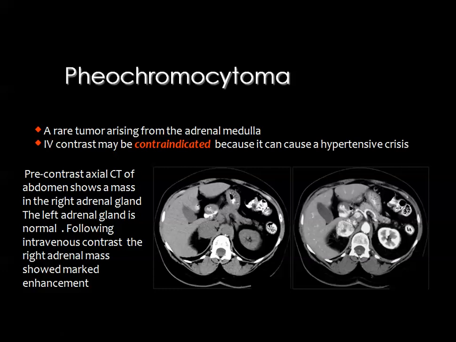Some of the literature says that the injection of contrast media may be contraindicated as it may predispose to a hypertensive crisis, but as you can see, most of the cases are injected with contrast material. Also, they said not to go for CT-guided needle biopsy for the same cause.